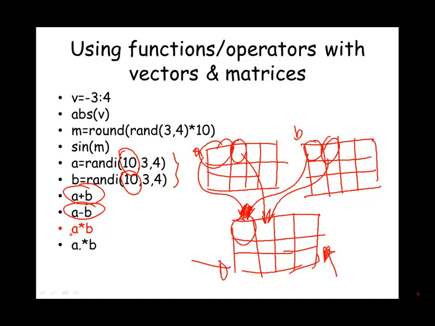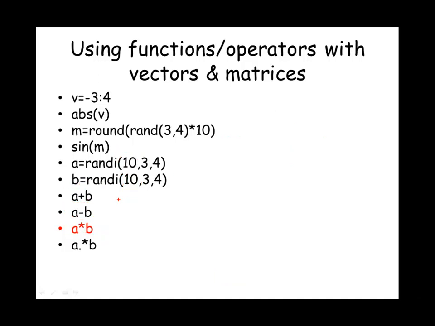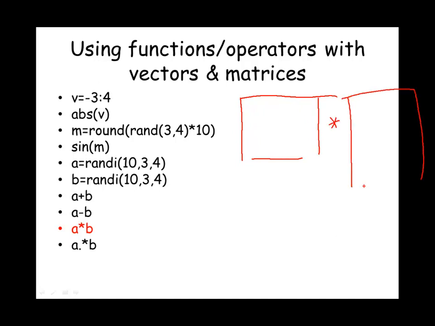However, when you try to multiply 2 matrices, by default, MATLAB will try to matrix multiply them. In matrix multiplication, you need to have the same number of columns in the first matrix as you have number of rows in the second matrix.